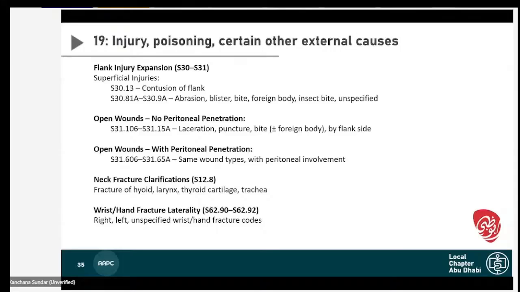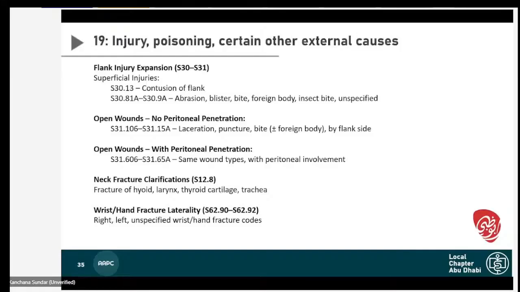And the open wound is being expanded with the peritoneal penetration, which is no penetration, and with penetration, there are two expansions that happened with the open wound. And the neck fracture clarification, this is a funny change.